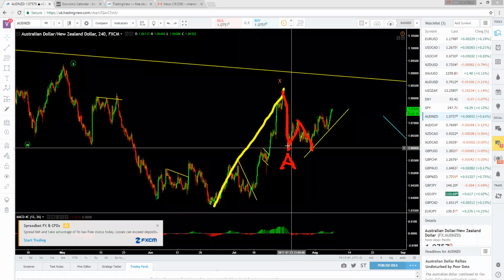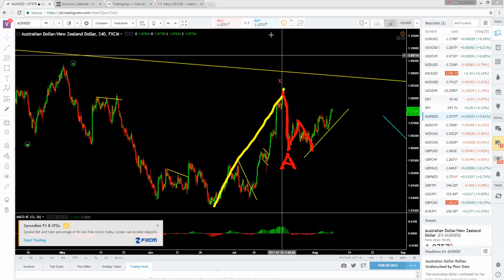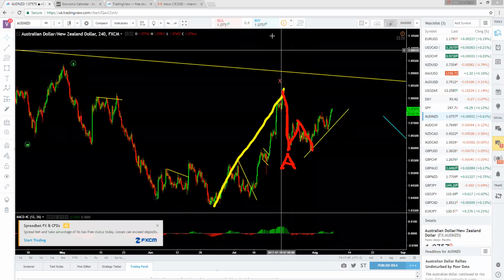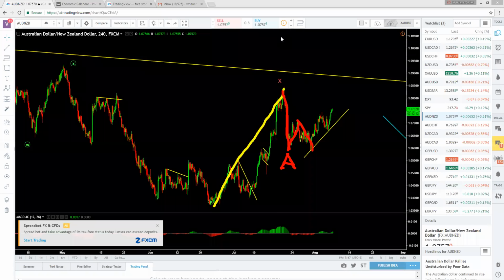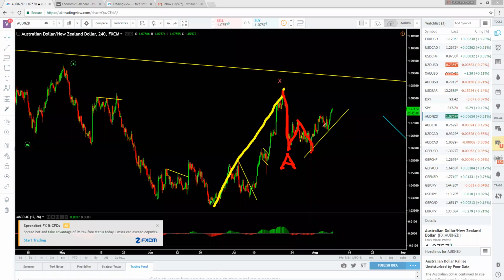It has broken the A, so we didn't know what it was going to behave like there. It can either be a running or an expanding. So this is what we expect. We wanted it to come and at least break this. Okay, it could have reversed without breaking, and then it would have been a running flat. But now it broke. Now it is a clear expanding flat.